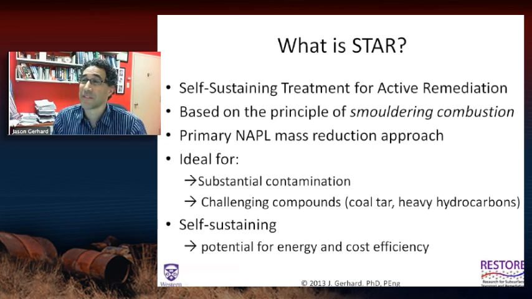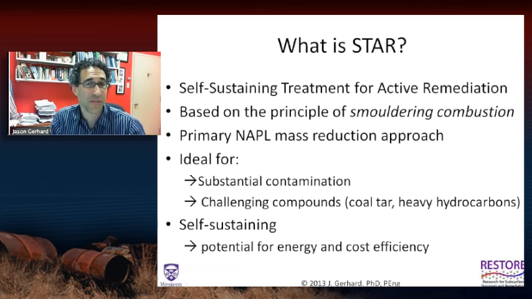And that's actually very useful because most remediation technologies are the opposite. Most of them, for example bioremediation, are most effective on low molecular weight compounds, and also they have an upper limit of the kinds of concentrations they can treat.